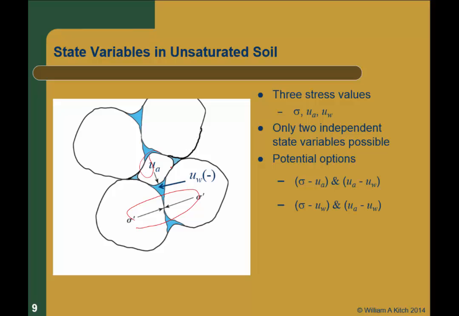which is the one you might think we use, because this first term right here is what we traditionally use. That's our traditional effective stress, but in unsaturated soil mechanics, that's not correct. Or we could use this third definition, which is the total stress minus the air pressure and the total stress minus the water pressure.